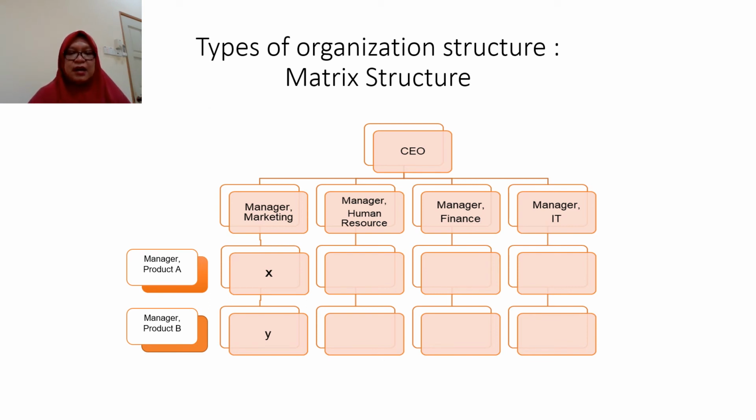Under matrix structure, they combine the functional and the product. Let's say that X is working under the marketing department for product A, while Y is working under the marketing department for product B, and so on. So you just focus on two departments.